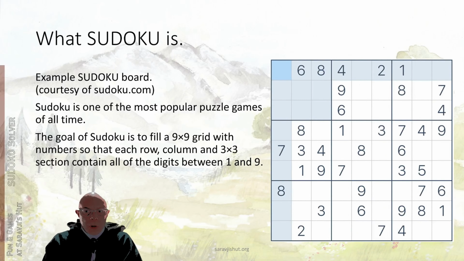First, we need to talk briefly about what Sudoku is. All this information is courtesy of Sudoku.com. Sudoku is a puzzle board game, and the goal is to fill all fields on the board with numbers between 1 and 9, with the stipulation that each number only occurs once per row, per column, and per subsection of the board.